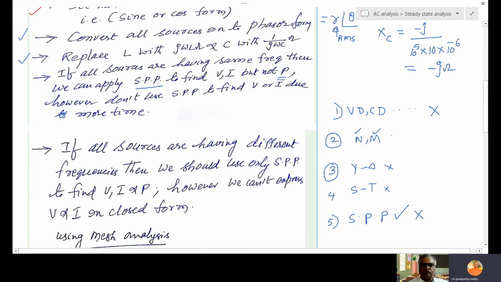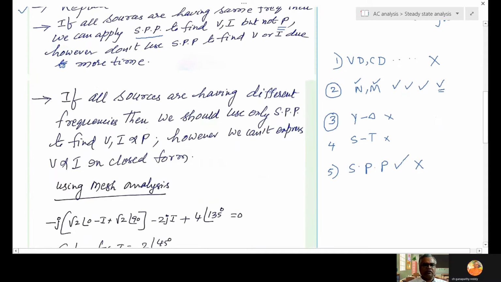Nodal and mesh also, how to apply and where not to apply, I will discuss in this topic. Now the sixth statement: if all sources have different frequencies, then we should use only the superposition principle to find voltage, current and power.